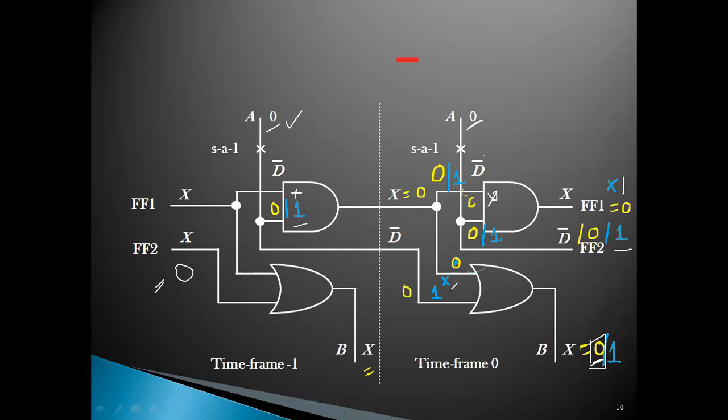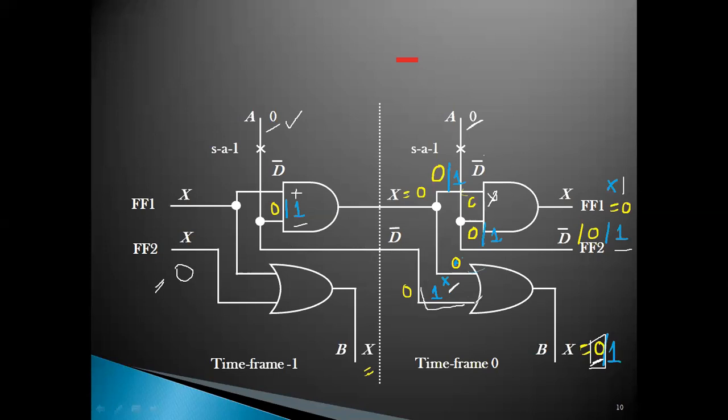So I get this logic x on this line here, and similarly I get the logic x here. So इसका मतलब यहाँ पे मेरी आउटपुट x ही आ रही है. Coming to the other line, now it is stuck at 1, so I am getting 1 here.